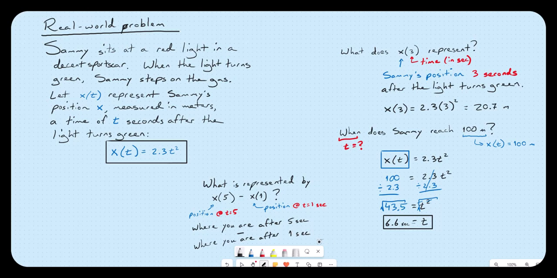And that difference must be how far you traveled, how far you drove, between t equals 1 second and t equals 5 seconds.